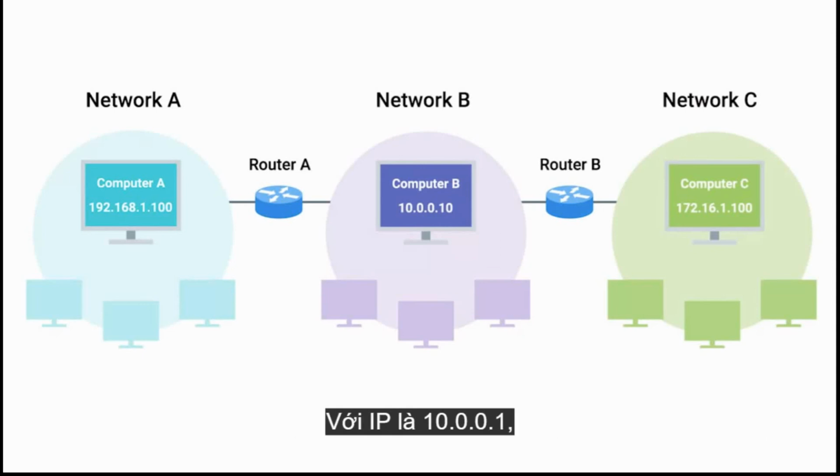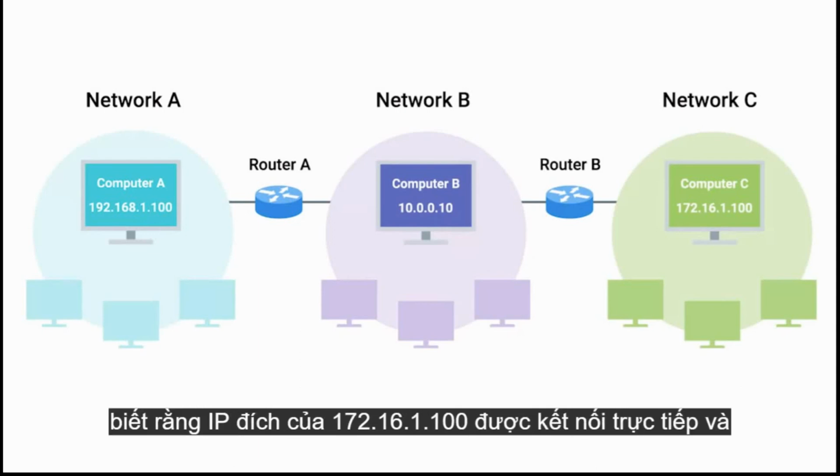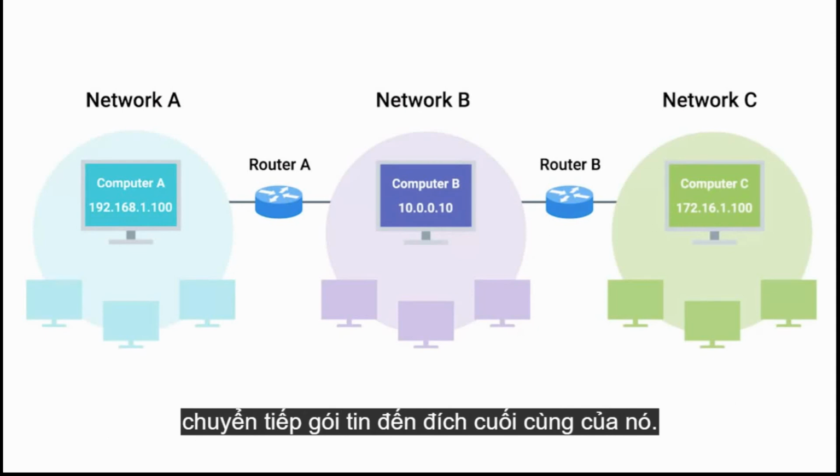The router decrements the TTL field and sends it along to the router of 10.0.0.1. This router then goes through the motions, knows that the destination IP of 172.16.1.100 is directly connected, and forwards the packet to its final destination.